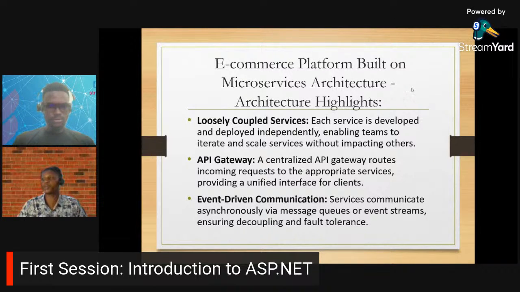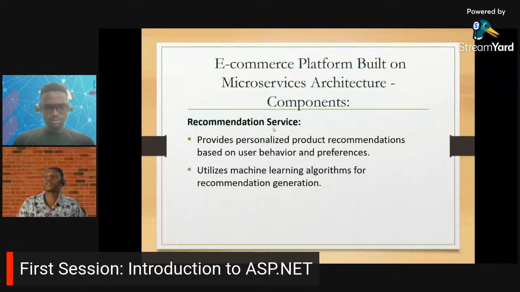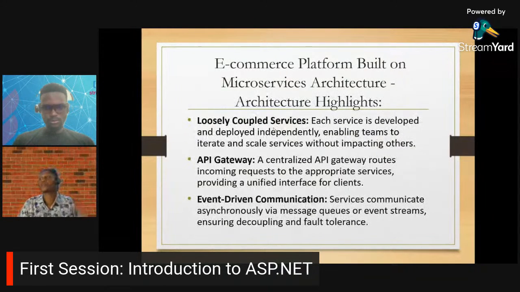So we've talked about the components. Let's talk about architectural highlights for this e-commerce application. If you have architected your application using a microservice architecture, you have your loosely coupled services.